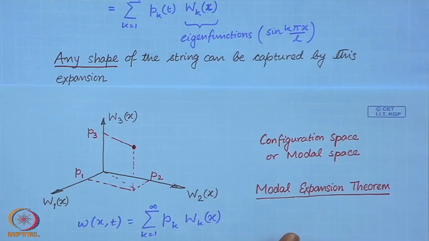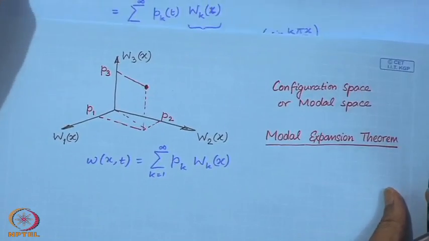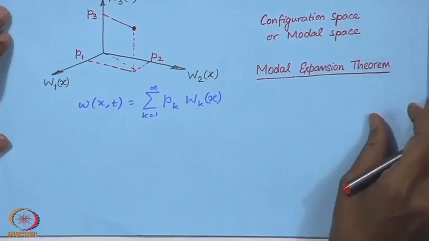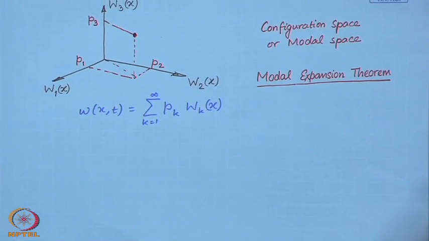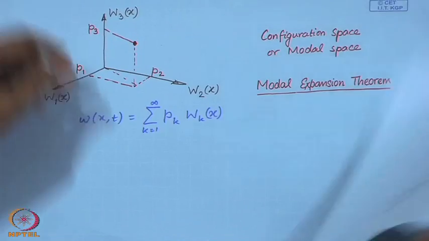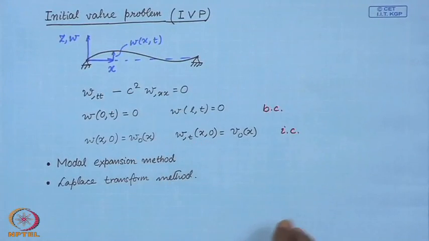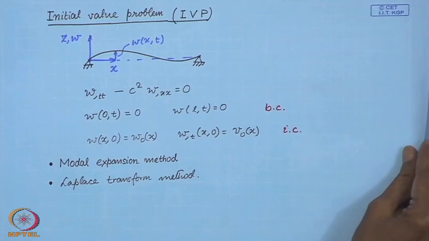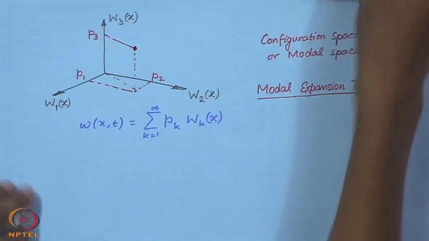Now, this is the key to the modal expansion method for solving the initial value problem. So, for the problem that we have here, this and similar problems we will now try to solve using the modal expansion method.